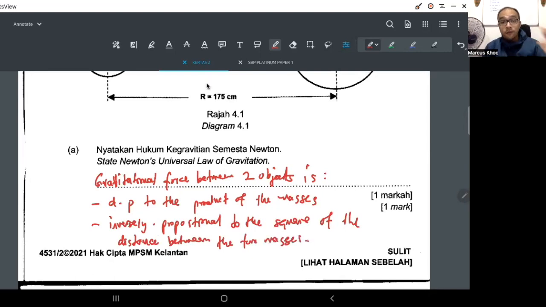Okay, square of the distance, because the formula is F equals G m1 m2 over r squared.